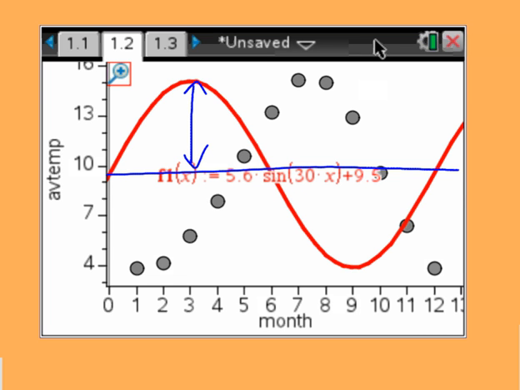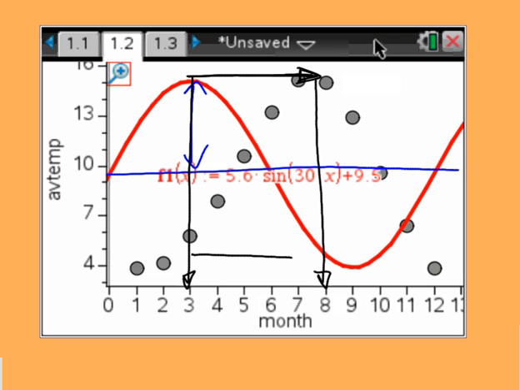But of course, it's not in the right position. We have a horizontal translation to effect. And just roughly looking at this, we've got 3 months here, we've got 8 months there. It looks like a horizontal shift of approximately 5.